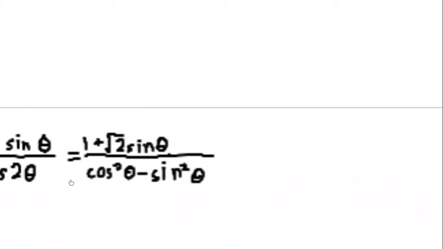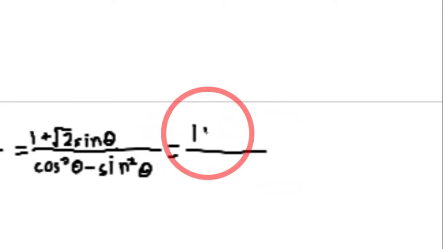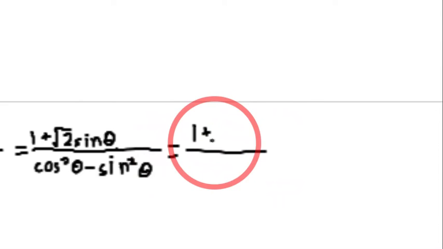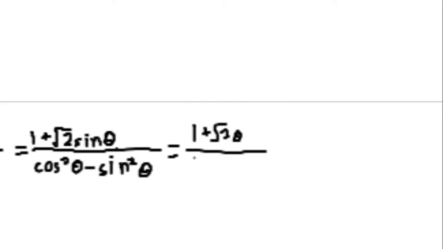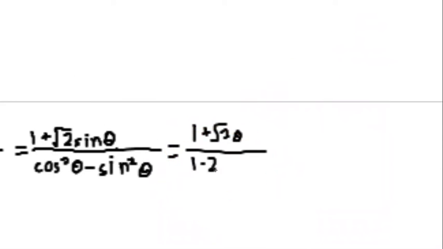All right, I hope that you found that cosine squared equals 1 minus sine squared. And if we go ahead and combine like terms, we will get this. The top's going to stay the same. So I'm just going to write it out. There's no reason not to. The top's going to stay the same, but the bottom is going to become equal to 1 minus 2. Or it's not going to become equal to. It already is equal to 2 sine squared of theta.